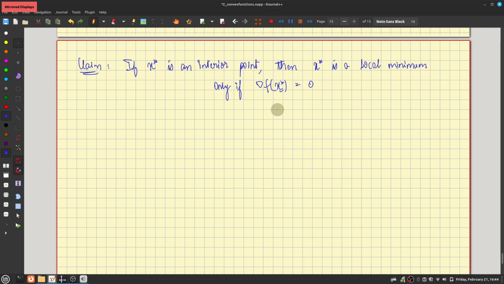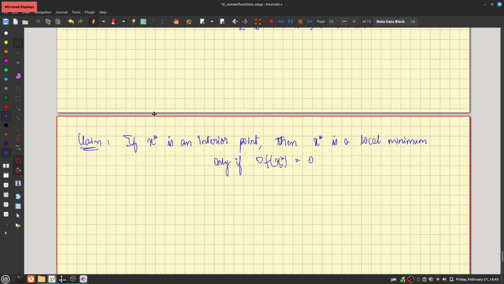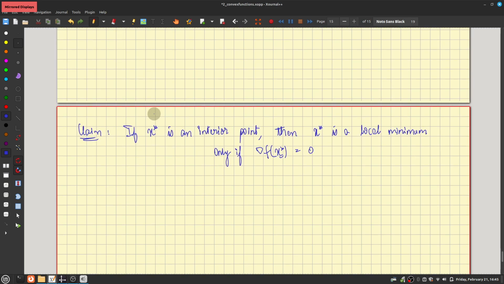Again, this is only a necessary condition. Just because the gradient of f at x star is 0, it doesn't mean that it should be a local minimum. It could be a local maximum, it could be a saddle point, right? Okay, now how do we prove this formally? We can use what we have seen so far.